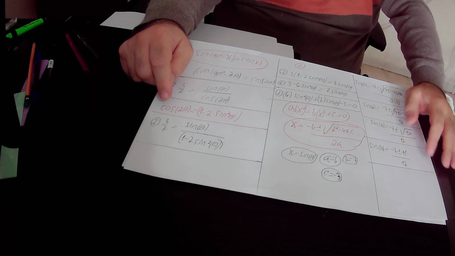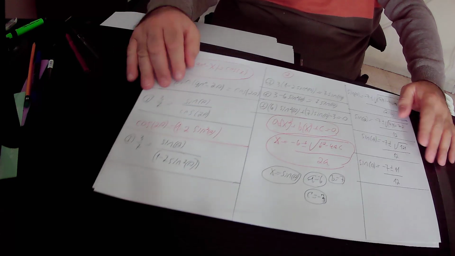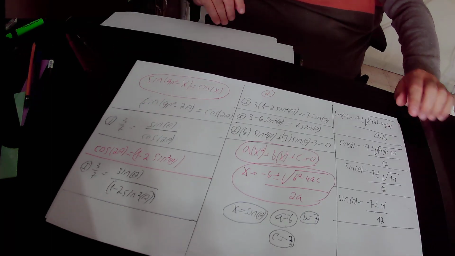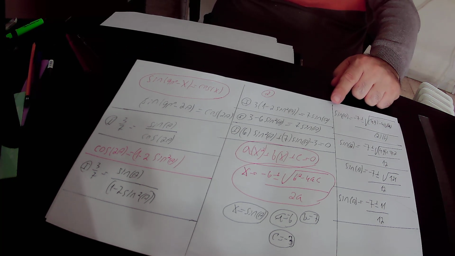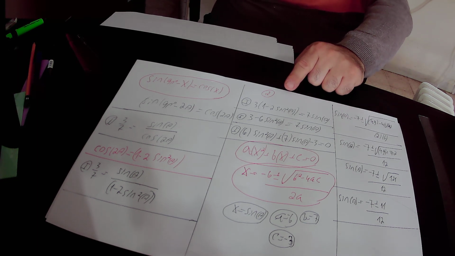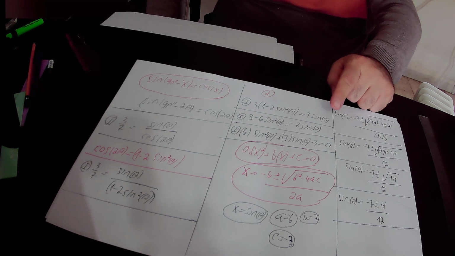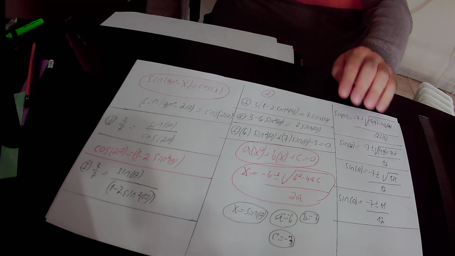We cross multiply equation number 1, and we got that 3 times 1 minus 2 sine squared theta equals 7 times sine theta. We open the brackets on this side, and we got that 3 times 1 is 3, and 3 times minus 2 sine squared theta equals minus 6 sine squared theta, that equals 7 times sine theta.